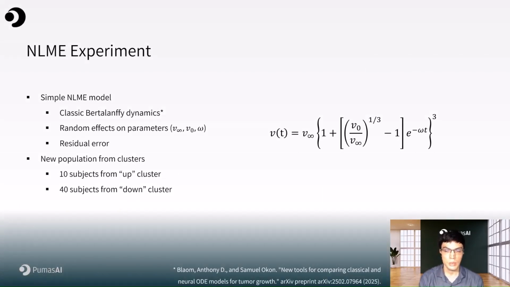Moving on to the NLME experiment that we conducted, we based the model on top of the classic Bertalanffy dynamics with the analytical solution shown here, which is a reparameterization from the citation below.